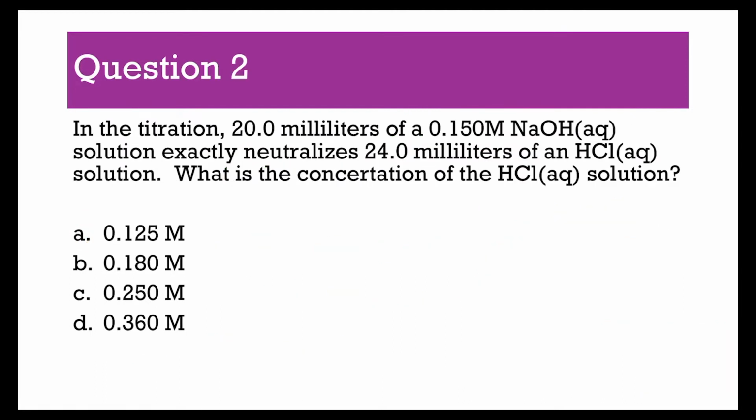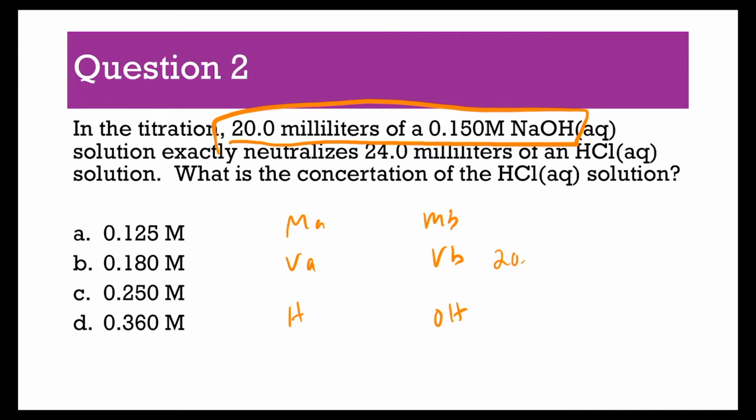Okay, number 2. You have to list everything out. So MA, VA, H, MB, VB, OH. In titration, 20 mL of this, so this is talking about our base. So 20 mL, you have 0.15 molar. Our base gives off 1 OH. Our acid, we have 24 milliliters of it.